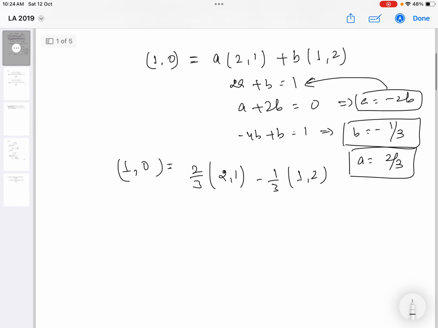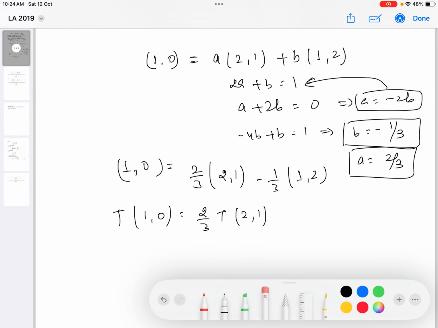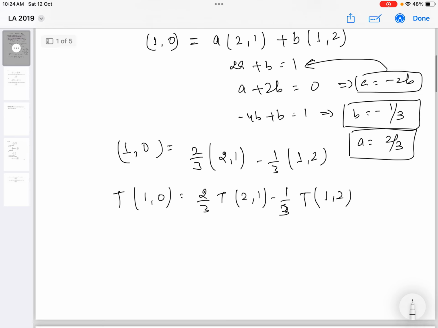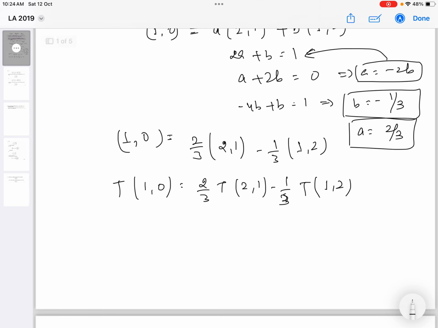Now taking the transformation on both sides, T of (1 comma 0) is 2 by 3 times transformation of (2 comma 1) minus 1 by 3 times transformation of (1 comma 2). I think we are correct. Yes.